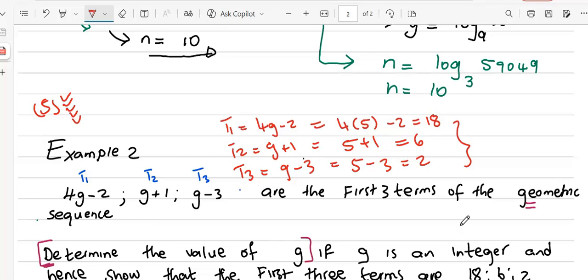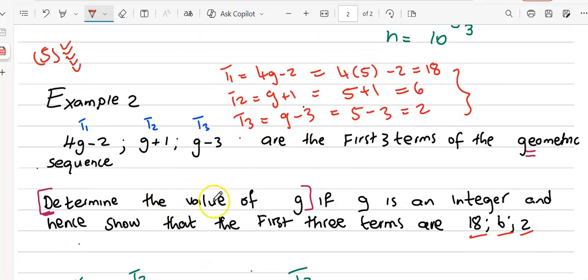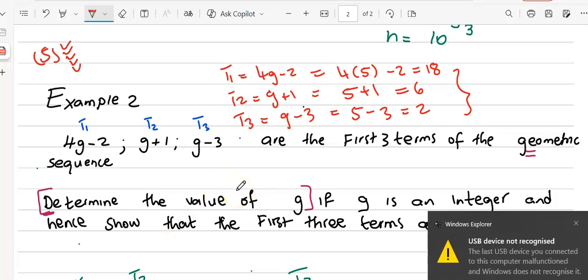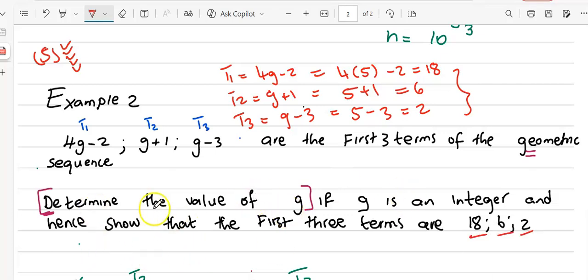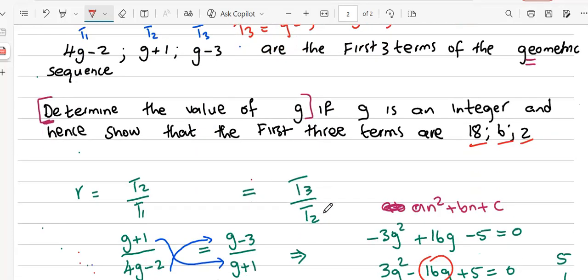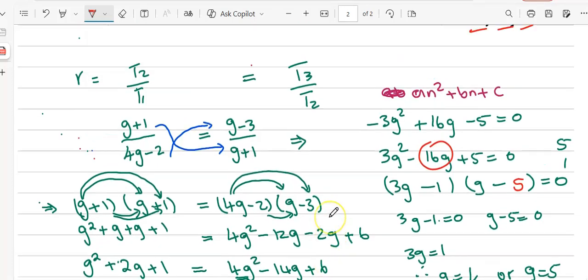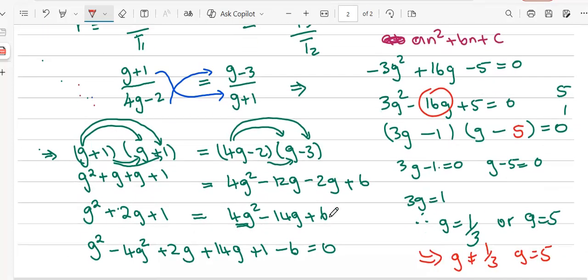Now, the most important thing is for you to apply what you already know. Before focusing on the questions that are giving you problems, focus on what you already know, which is determining the value of g. When you do that, the other things will give you a clue. They said if g is an integer, then you can see, oh, 1 over 3 is not an integer.